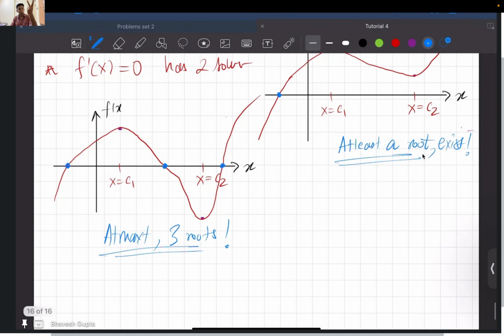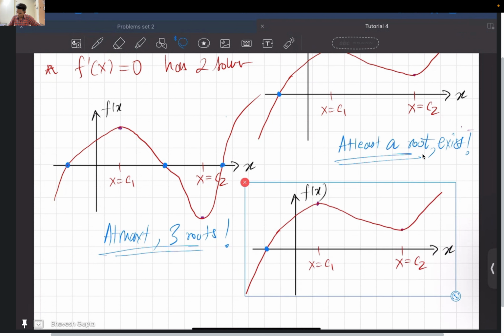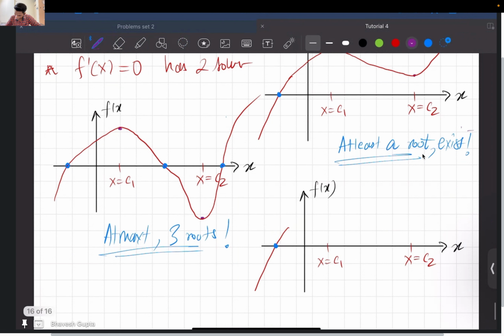So I can have at least one root and at max three roots. I can also have two roots, one distinct root and two roots that will be identical, you can say equal roots. And the way I can show that in the diagram is this. Let's say two of the roots coincide. Then what can happen here? Here you have maxima, and let's say the minima is this.